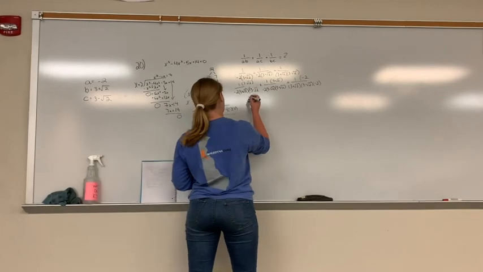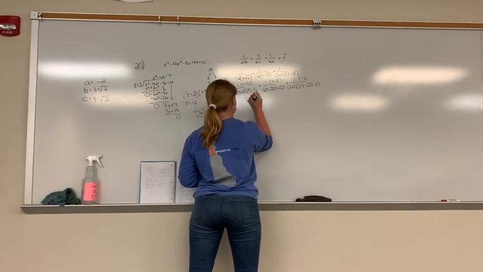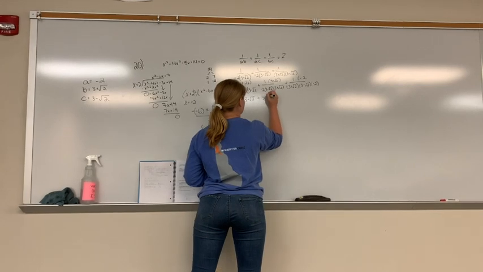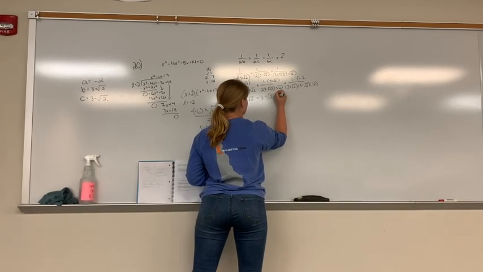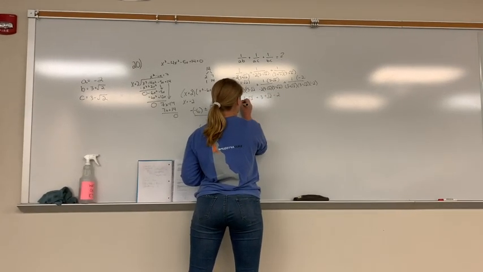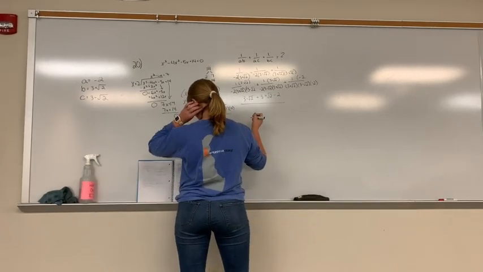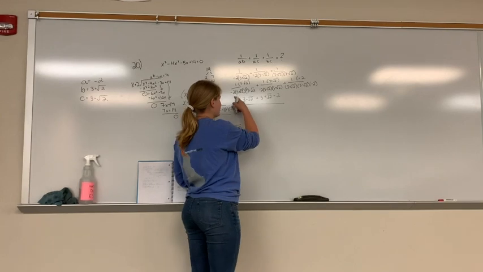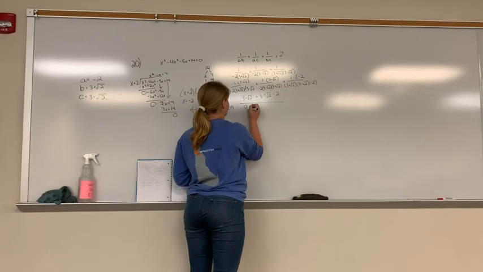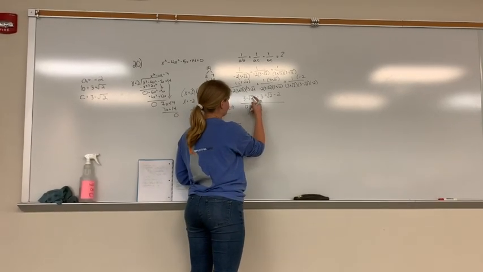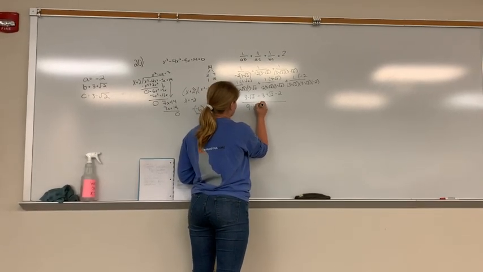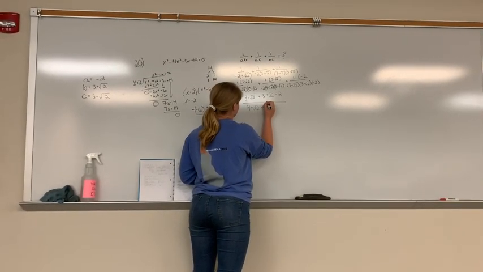You're going to get 3 minus the square root of 2, plus 3 plus the square root of 2, minus 2, and all of that goes over, so we simplify the denominator. We get 9, and then the square root of 2 minus the square root of 2 plus the square root of 2.